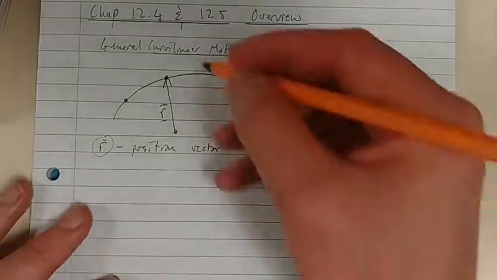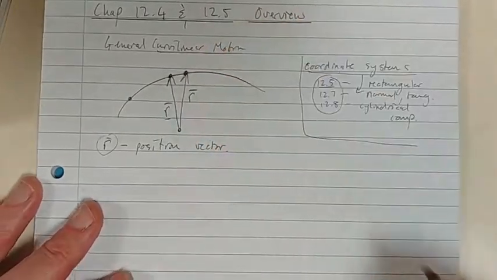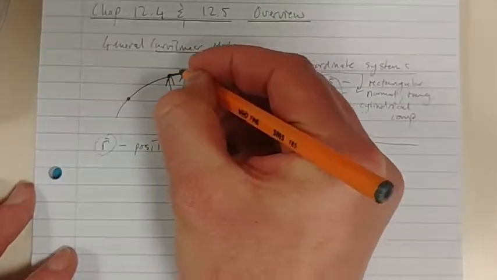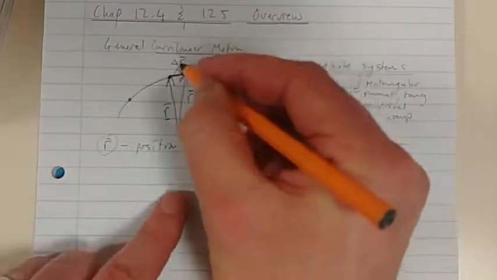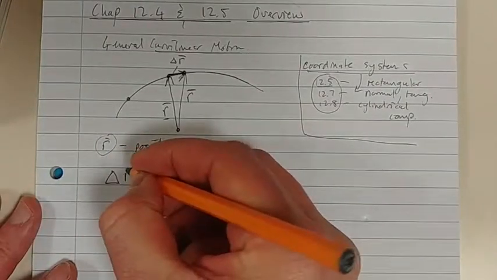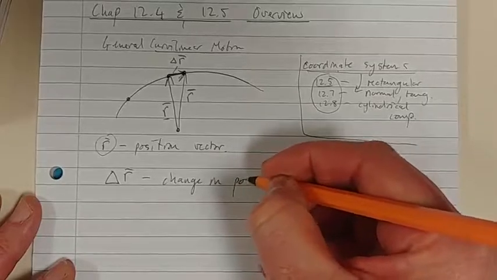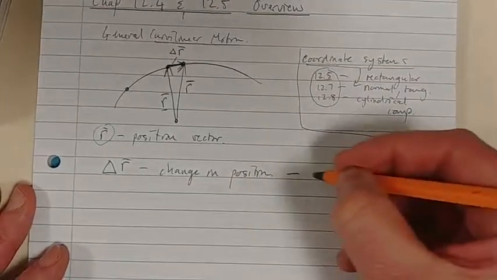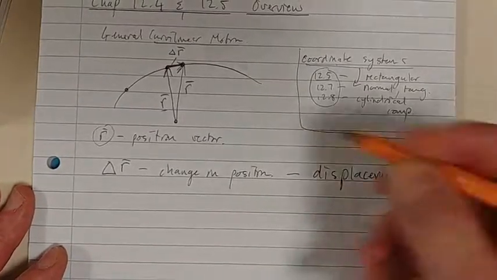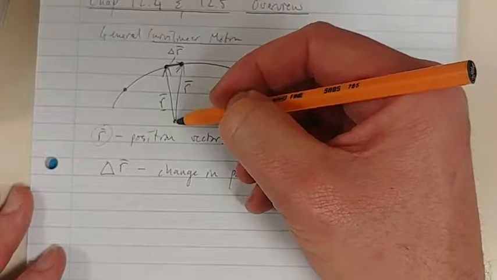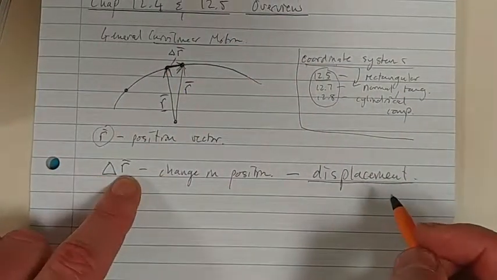Then if this particle moves to another position, this change in position is given by delta R. So delta R is your change in position, and that is your displacement. We have our initial position, our final position, and our change in position is our displacement, our delta R.